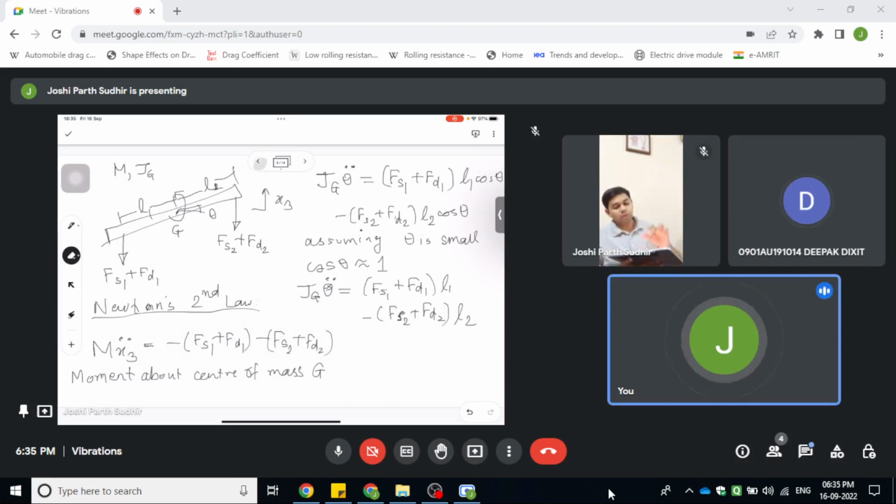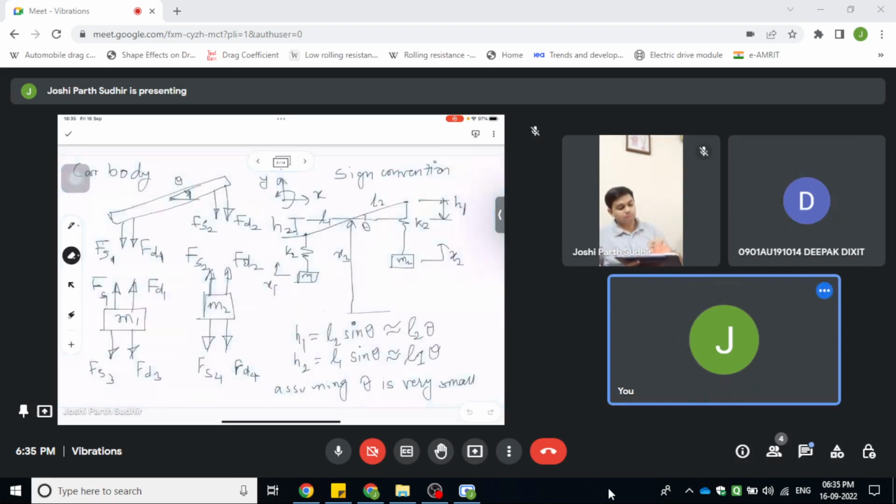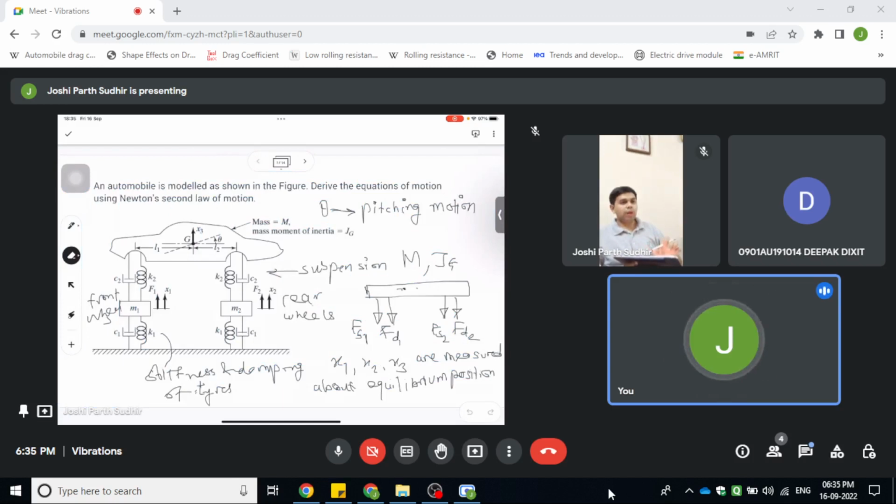So in this problem, we have this car body model. It can do pitching motion, rotating about its center of mass by theta, and it can also move up and down. So it has 2 degrees of freedom, x3 and theta. Then the spring K2 and damper C2 represent the suspension.